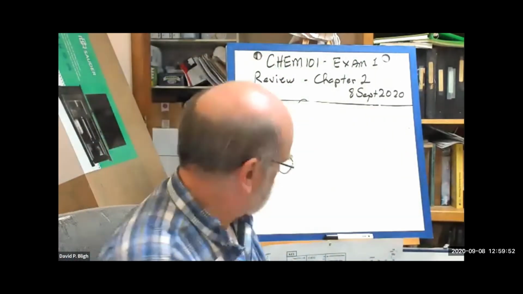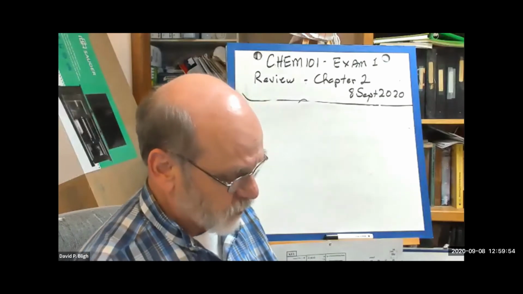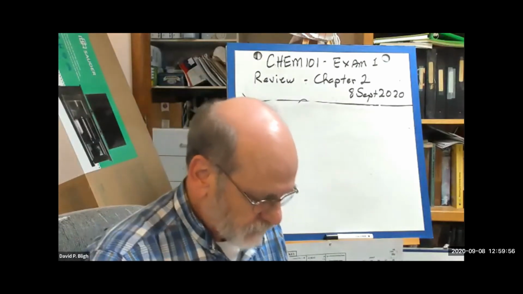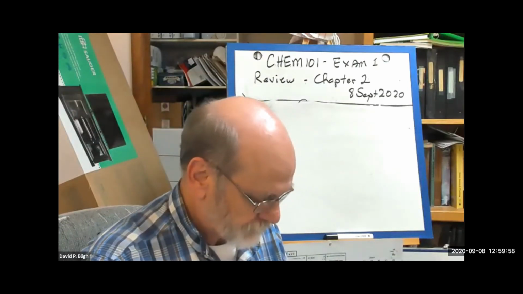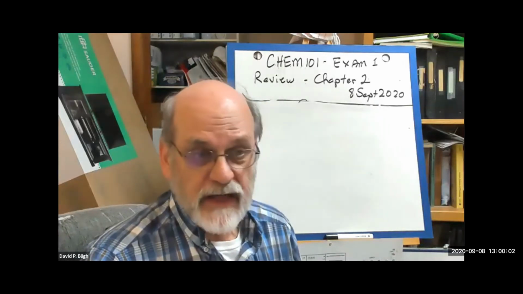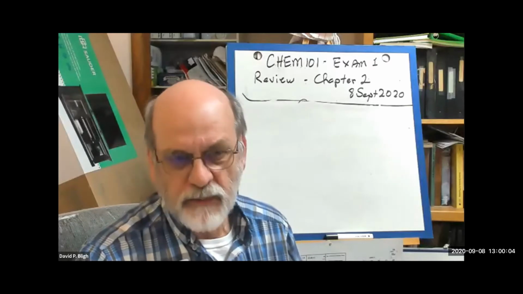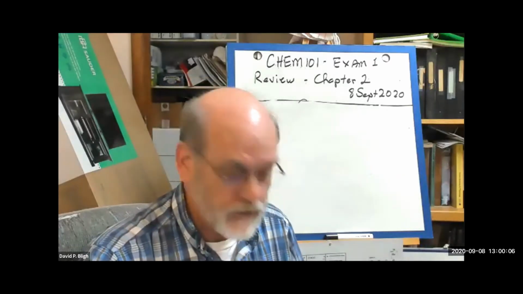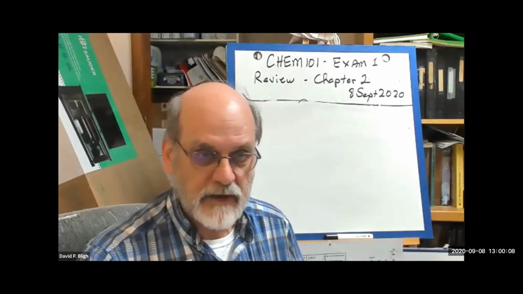All right. That was number 12. You remember who postulated and virtually proved the existence of electrons was J.J. Thomson with his cathode ray tube.